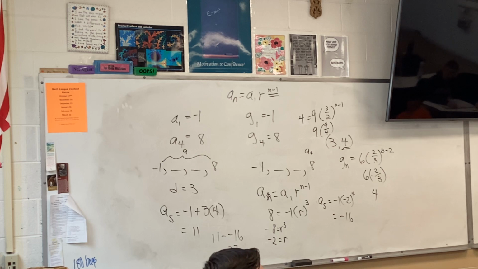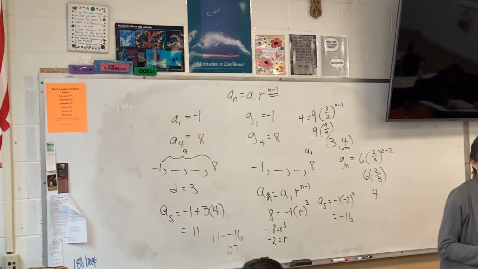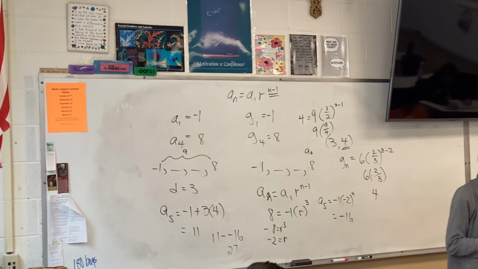What's happening to those? They are all increasing by a constant amount. So that means it's quadratic, exactly. This is a quadratic. So the directions were determine if it's linear, exponential, or neither. Well, it's neither of those, but it is quadratic. Do you remember that? Yeah. Okay, what about C?